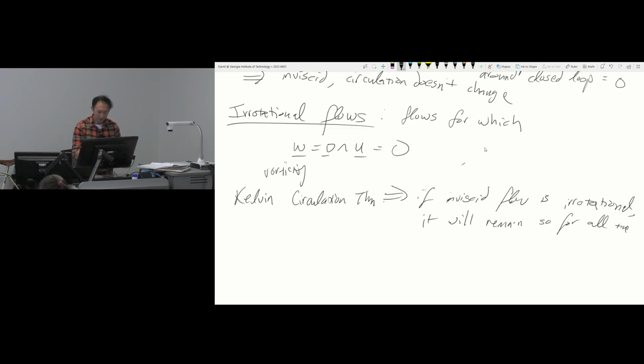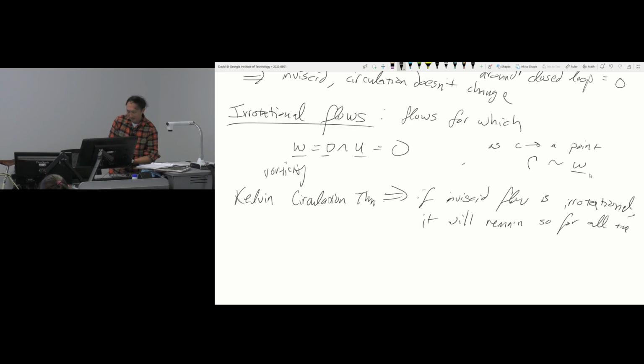You can think of omega basically as C goes down to a point. Gamma, I think, scales as the vorticity.